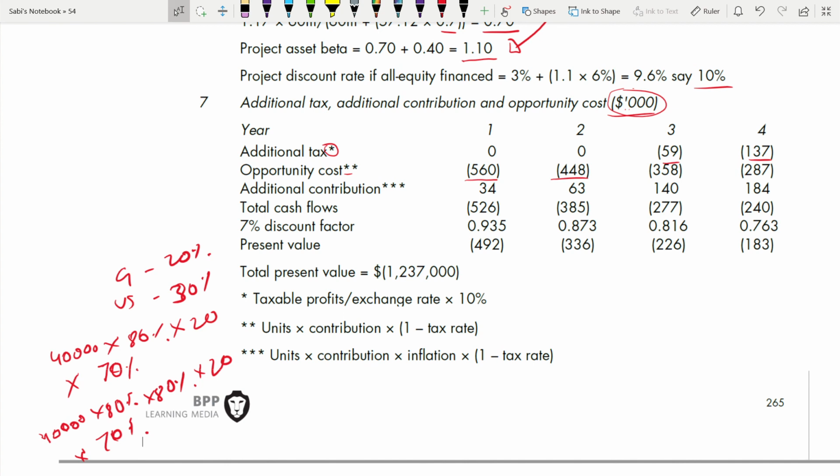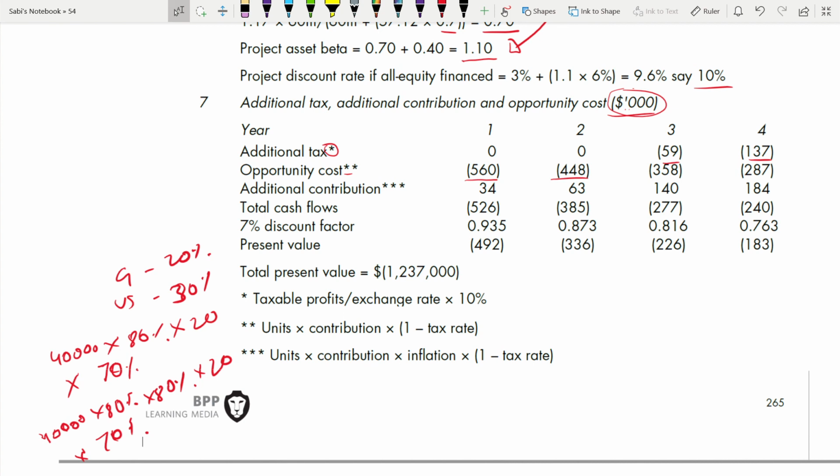Why are we doing all this additional tax, opportunity cost, additional contribution? Because you want to find what is the total present value. If you are not doing in US, you want to see in Gamala, you want to find what is the net present value of it.